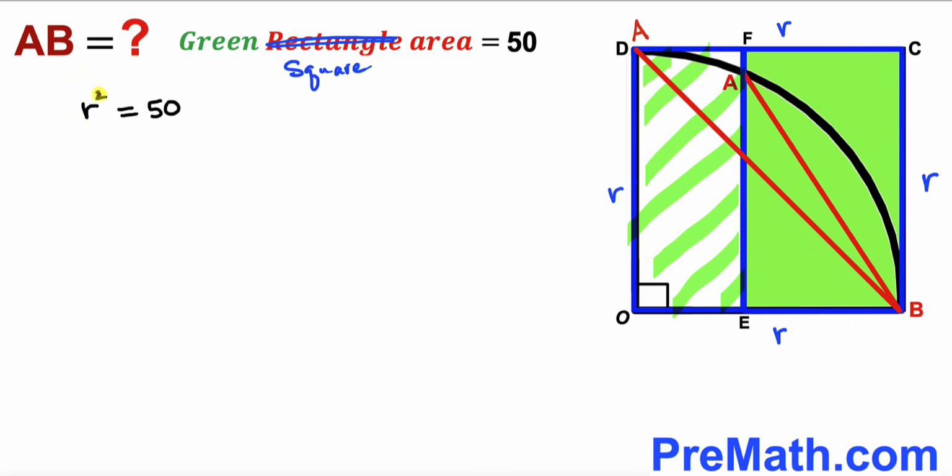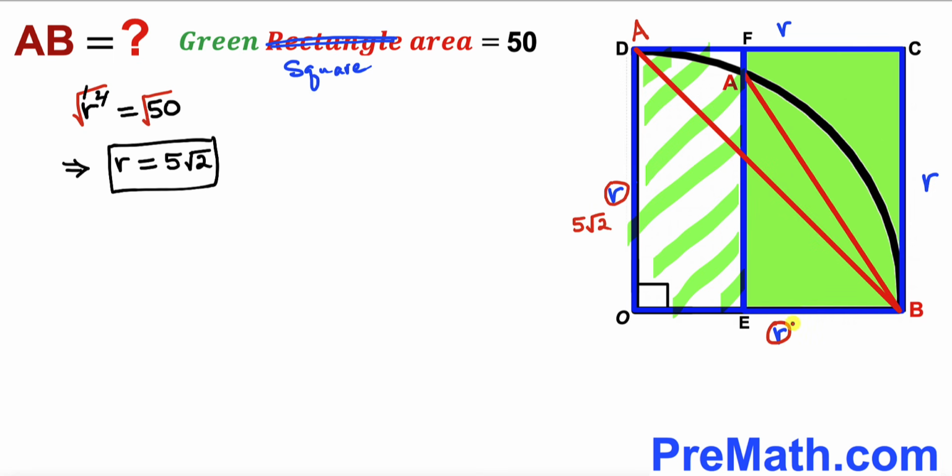Now we are going to undo the square by taking the square root on both sides. Square and square root undo each other. So our radius r value is going to be equal to 5 times the square root of 2 units.